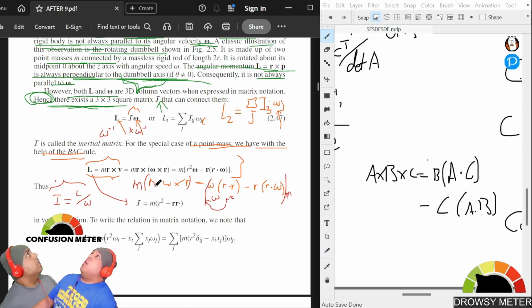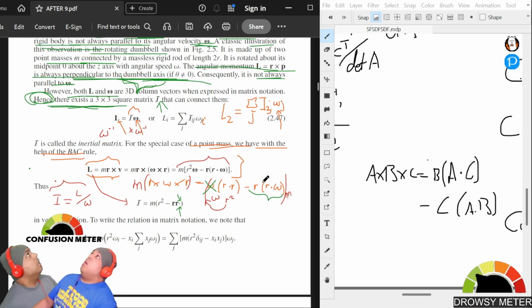L divided by omega, this omega disappears, and what do we do about this? Apparently you just leave a blank space. That's weird. If I were dividing this by omega, what would I do?